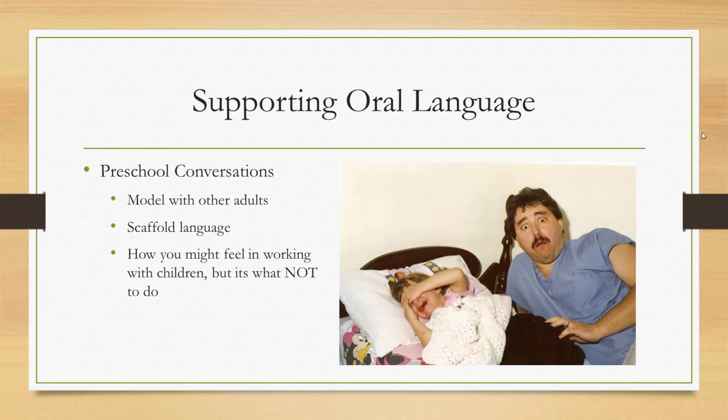What you might do is discuss with them how you feel about certain situations and be honest with them. Now, when I say that, take it with a grain of salt, because how you might feel in working with children is how my dad looks in the picture. But the reaction that my father is having is not what you want to do. We need to make sure that we're being fair in our response with them.